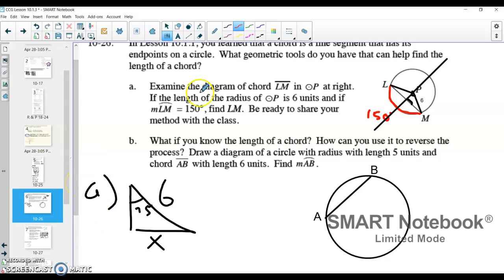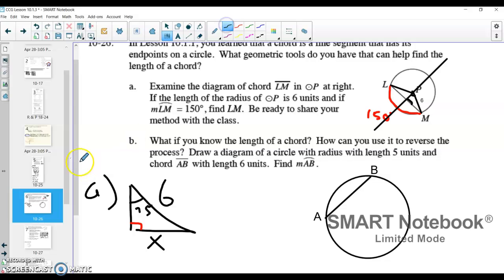There's a lot going on there, but really it starts with knowing that 150 degrees is the arc measure, and that's the same as the central angle. Then you cut that central angle using the perpendicular bisector, which forms a 90-degree triangle, and we're going to use trigonometry to solve for that x.